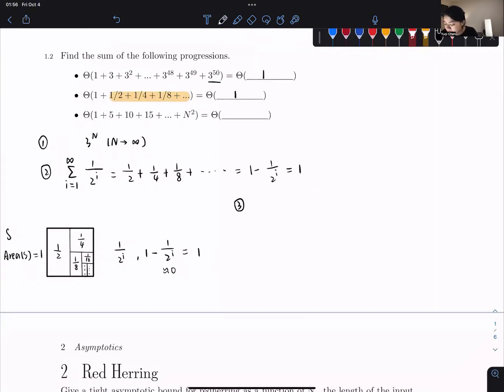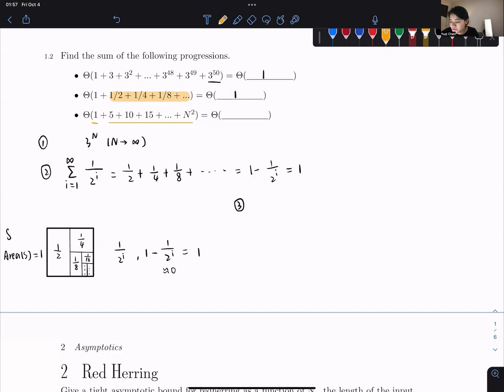And for the third expression, we have 1 plus 5 plus 10 plus 15 plus and so on, plus n squared. If you split it into two parts, the first part is 1, and the rest is in another part. You can see this is an arithmetic series.